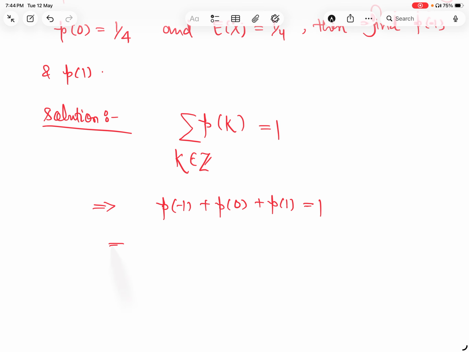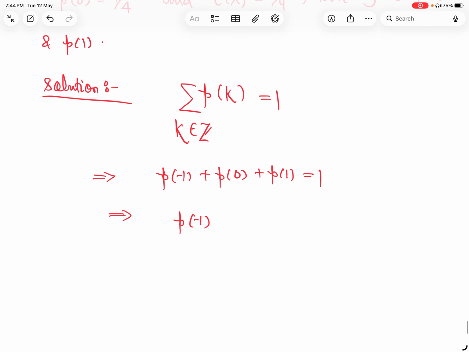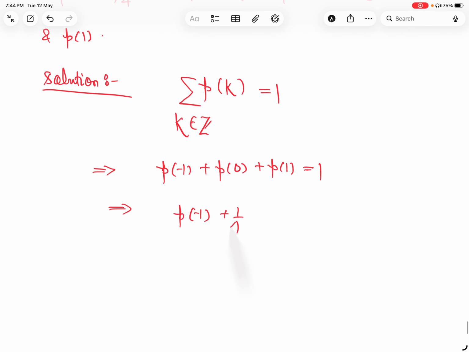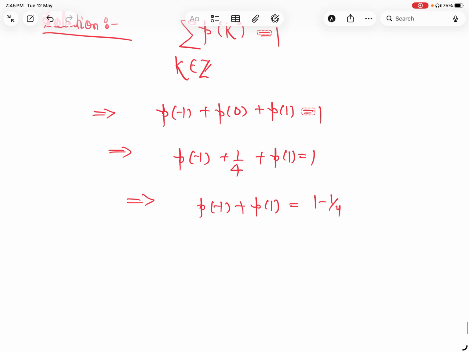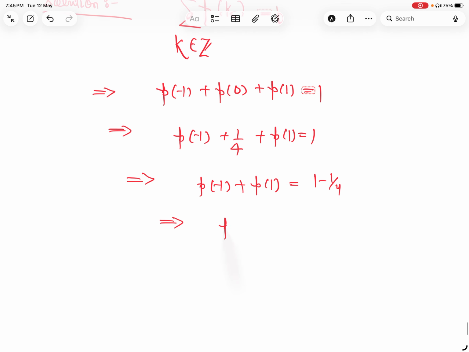P at 0 is 1 by 4. So this implies p minus 1 plus p1 is equal to 1 minus 1 by 4. P minus 1 plus p1 is equal to 3 by 4. That's equation 1.